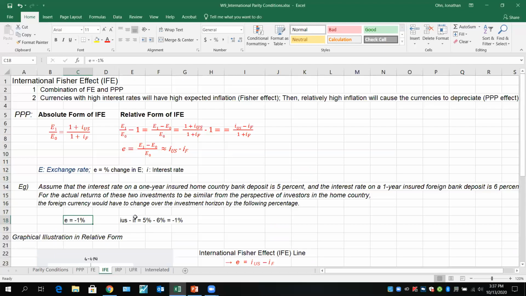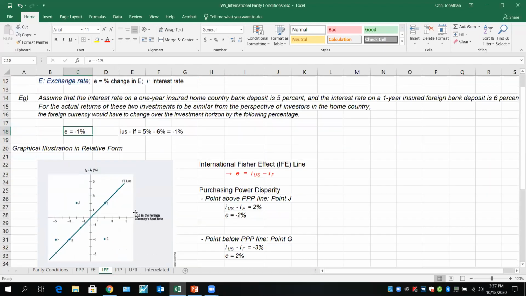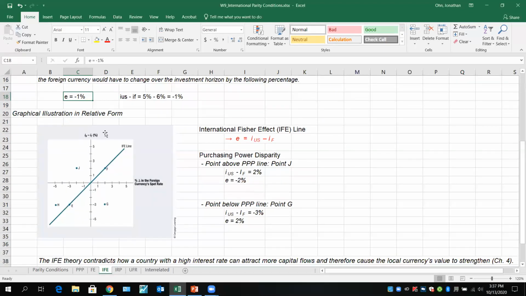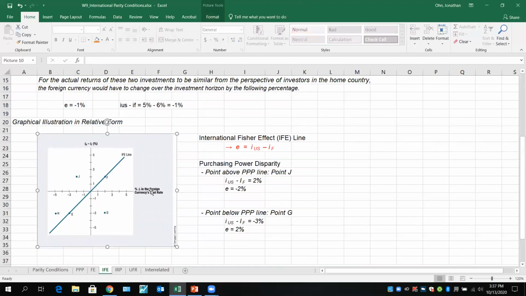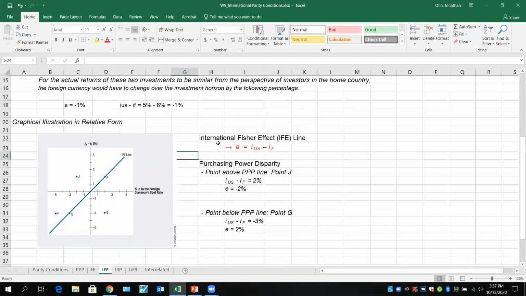If you show the international Fisher effect graphically, again, you put the relative interest rate on the y-axis, and the percentage change in the currency, the spot exchange rate, on the x-axis. So there's an international Fisher effect line there, right?